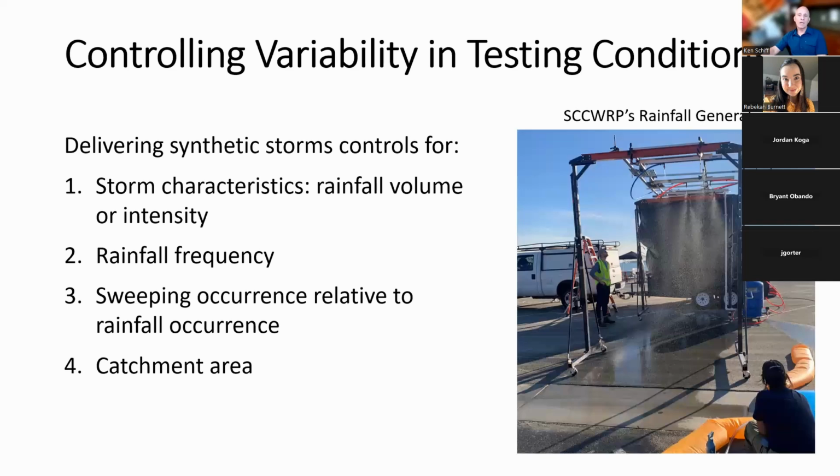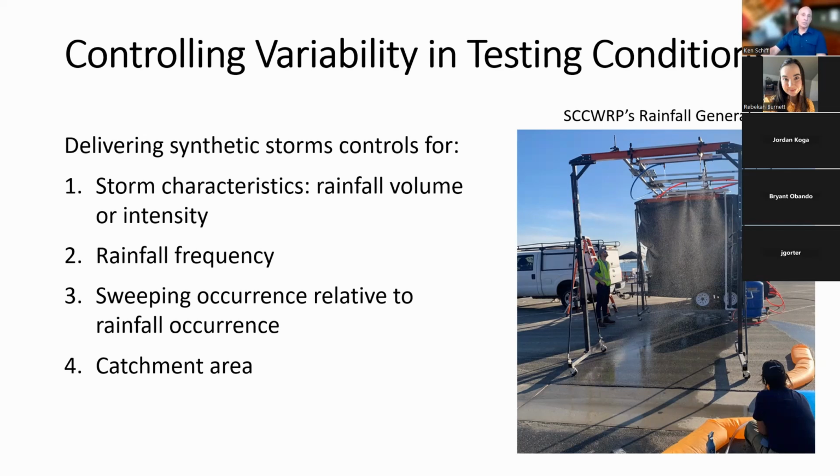By building a rainfall simulator, you can control rainfall volume or rainfall depth. You can control the intensity. You can control the frequency, or the antecedent dry periods. You can control how long it's going to rain after it's swept. And you can control the exact catchment area, and make sure all of these things are the same from the swept to the unswept.